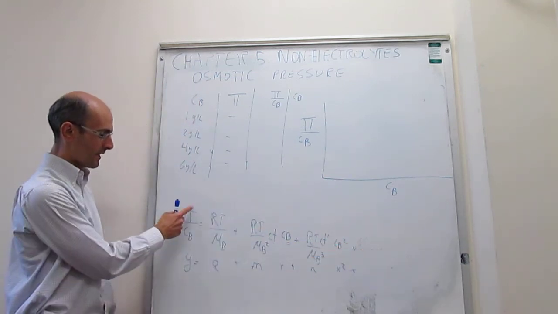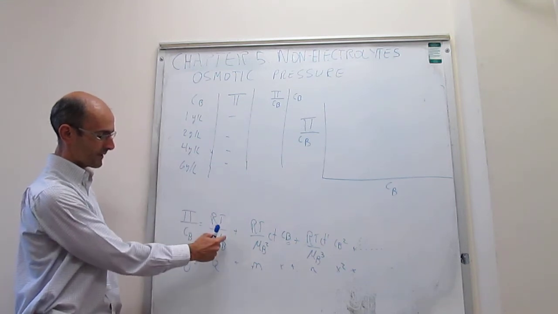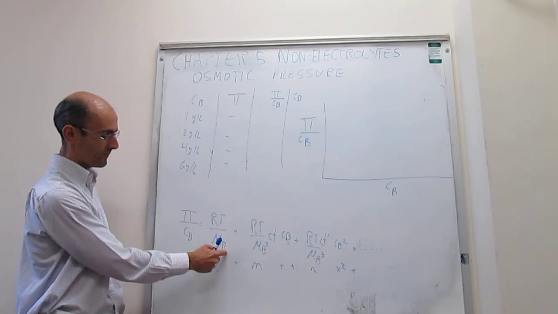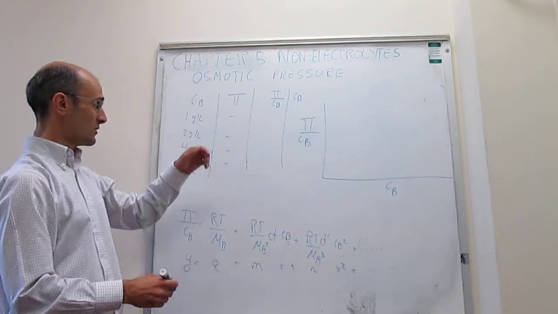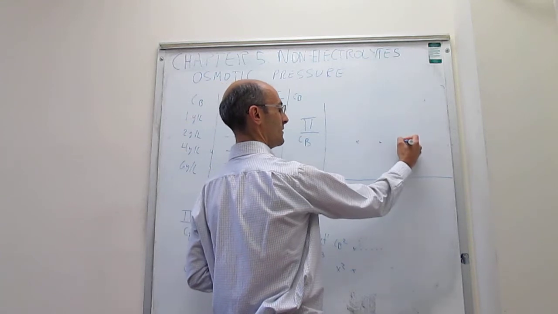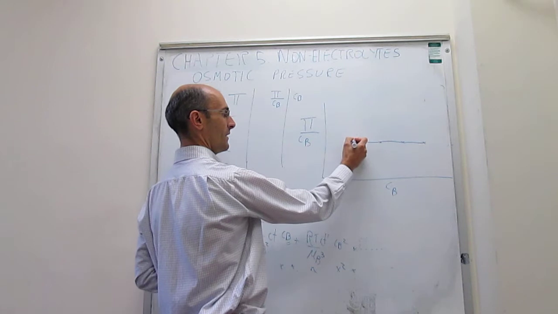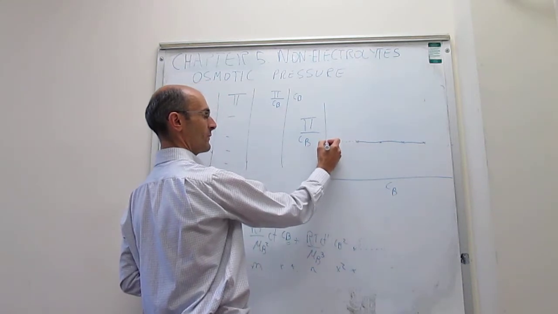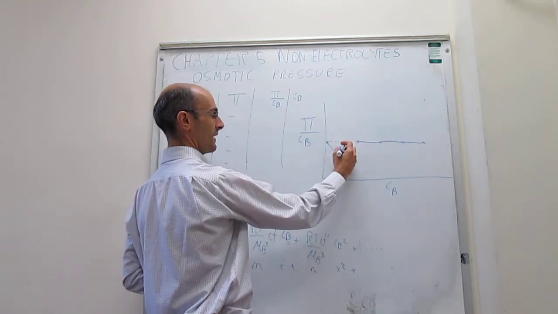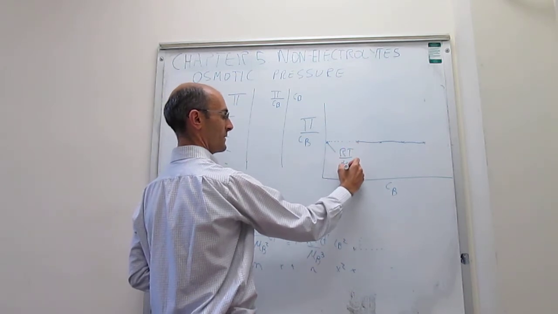What that means is that the value of the osmotic pressure over the mass concentration is simply a constant. Notice that that does not depend on the mass concentration, so these 4 points would actually look like this, 1, 2, 3, 4. You can fit that, and it turns out that the intercept with this axis is exactly RT over the molar mass of B.